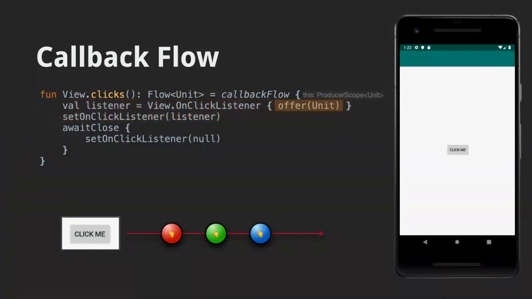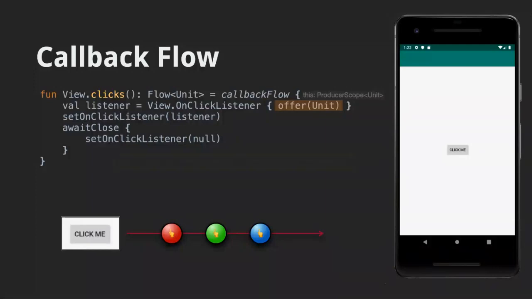Now, the other thing to note about this snippet is that we're calling offer right here. The idea is that every time the user clicks the view, you call offer with unit. The offer function is provided by the producer scope.